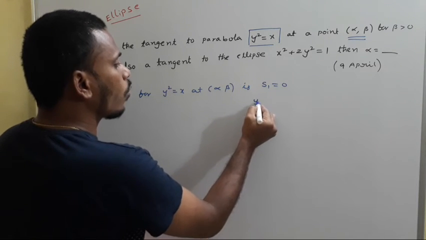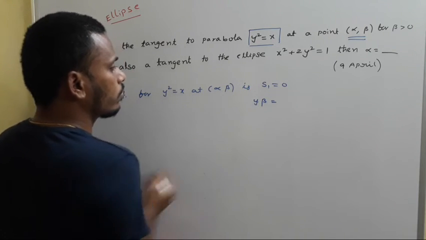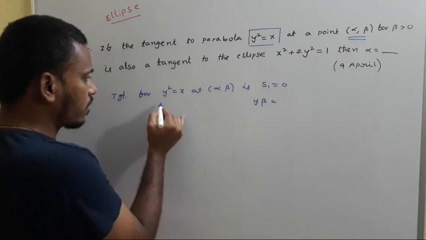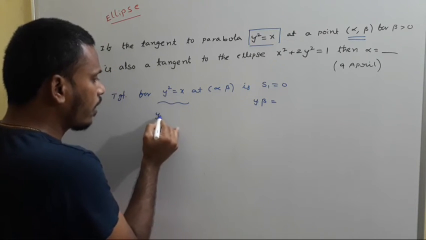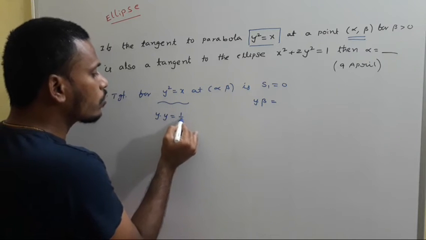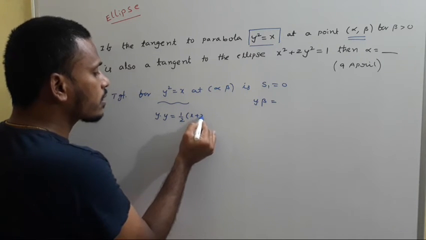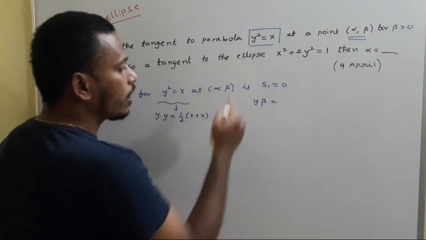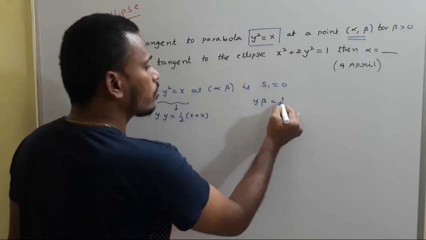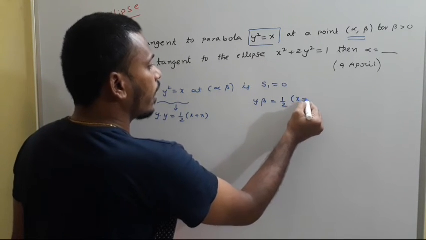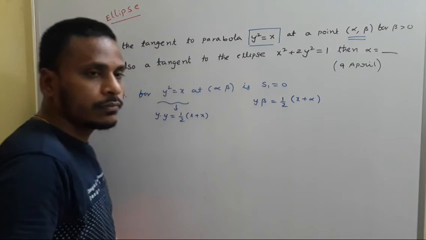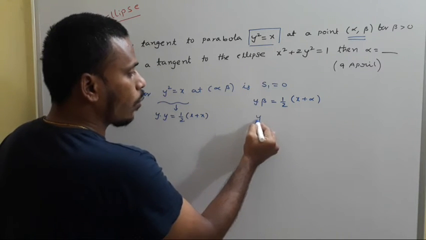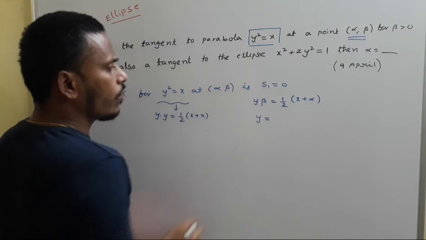Then it becomes y into beta equals 1/2 of (x plus alpha). So ultimately this is the tangent.